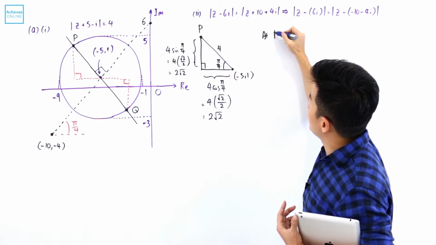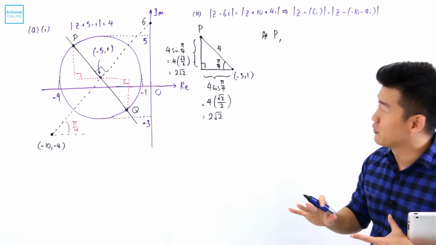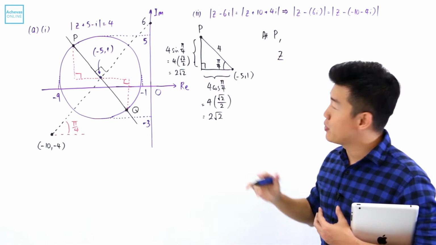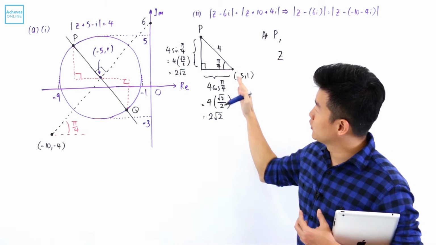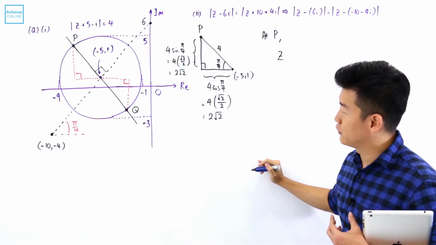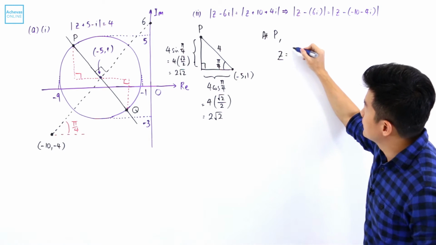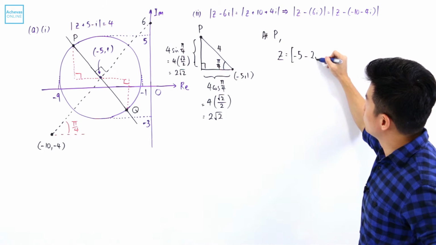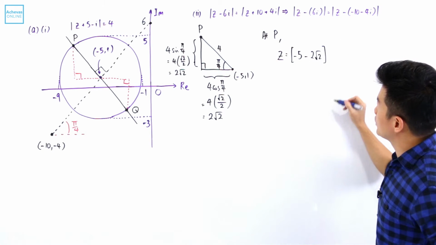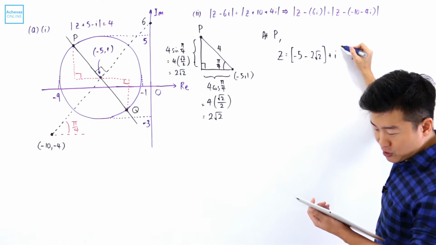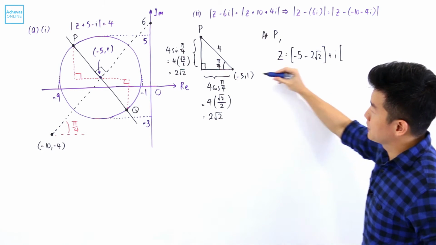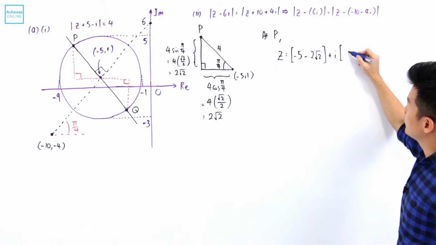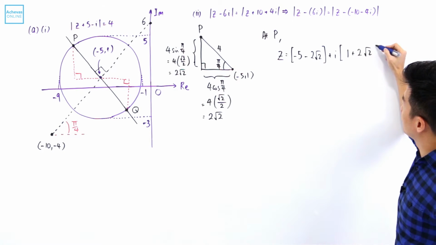So by observation, the complex number z at point P will have a real portion of the x coordinate, minus 5, then going left by 2 square root of 2. This is the real portion, plus i of the imaginary portion. The imaginary portion is the y coordinate of this point plus this length, which is 2 square root of 2. So it is 1 plus 2 square root of 2.